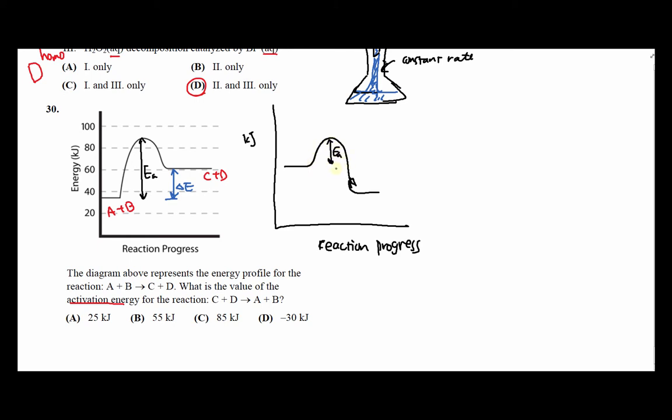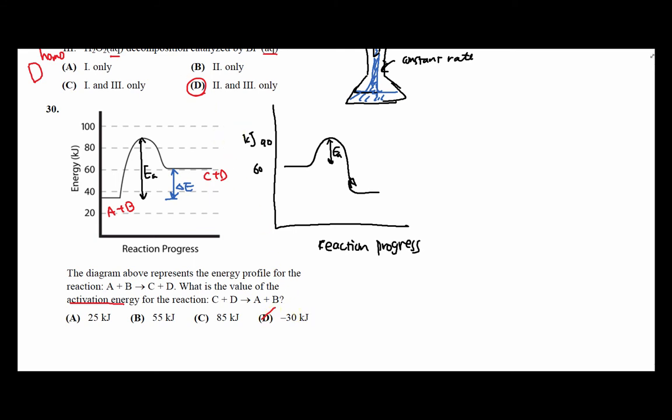This is delta EA. Okay. And I see this line to be 60 kilojoules, and the very top is about 85 or 90. Okay. It's still something we have to overcome. It has to be positive, so you can eliminate D here.